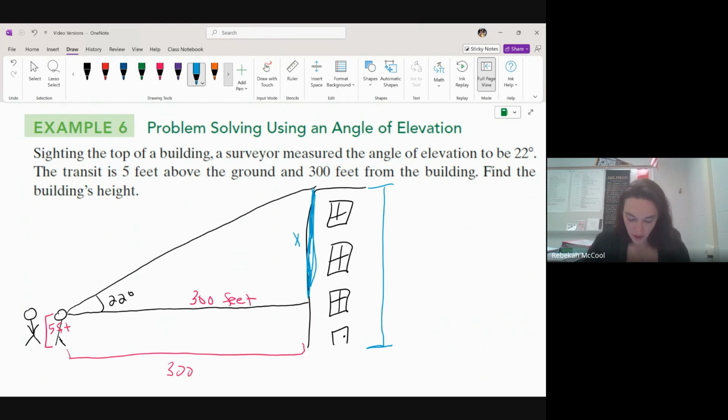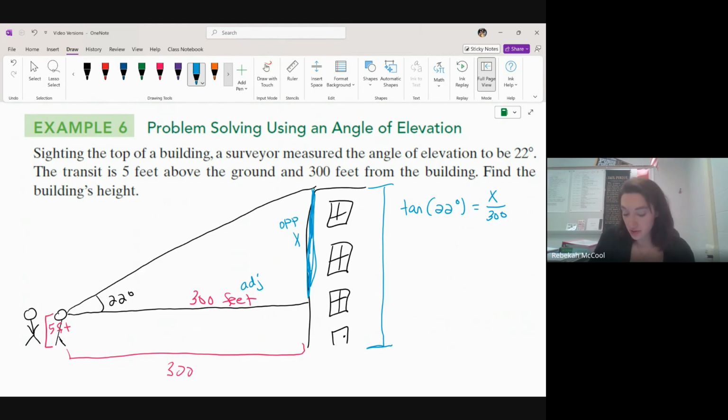Looking at just the triangle portion, I have an angle, and in relationship to that angle, I have the side that's opposite, and I have the side that's adjacent. So in order to solve this, I need to use the trig function that has opposite and adjacent. That's where I'm going to use my tangent. So I'd say tangent of my angle, which is 22 degrees, is the side opposite, which is what I'm calling X, over my side that's adjacent, which is 300.